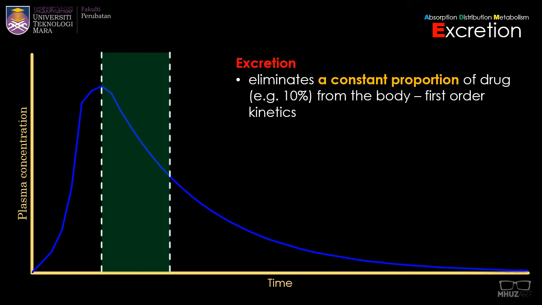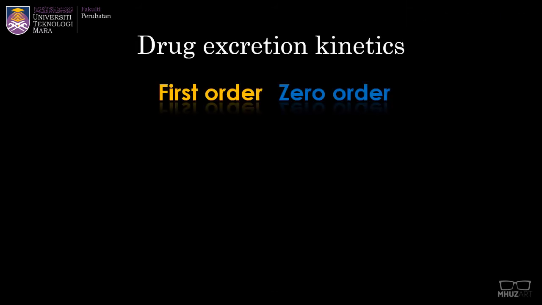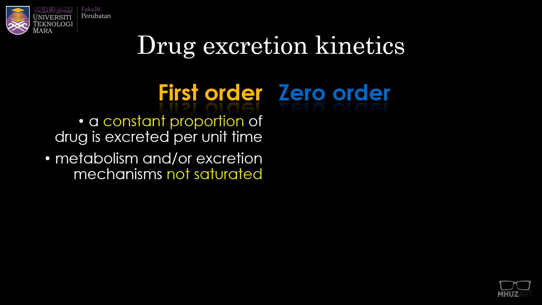Is there any other? Definitely. Okay, so again, drug excretion kinetics, there are two of them, first order and zero order. For first order, a constant proportion of drug is excreted per unit time. So for example, 10% of the original concentration is excreted per unit time.